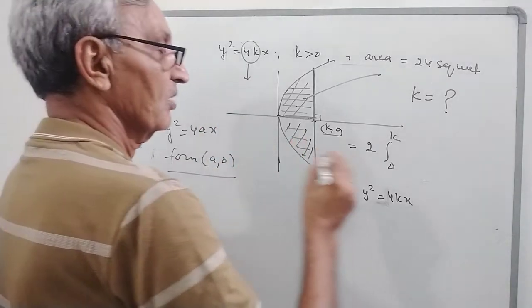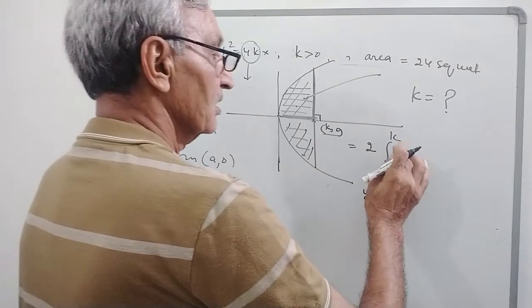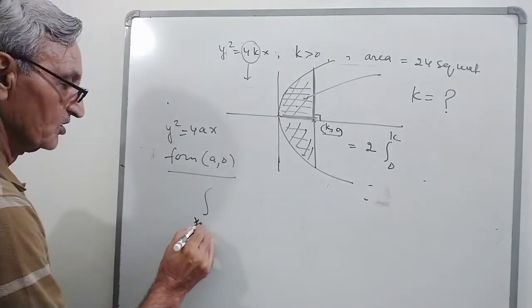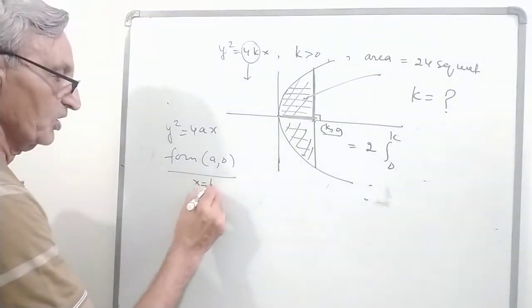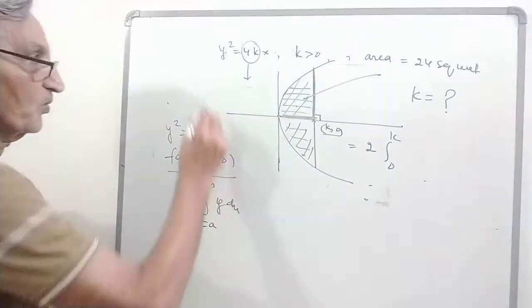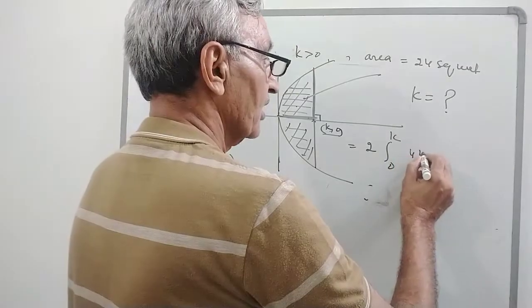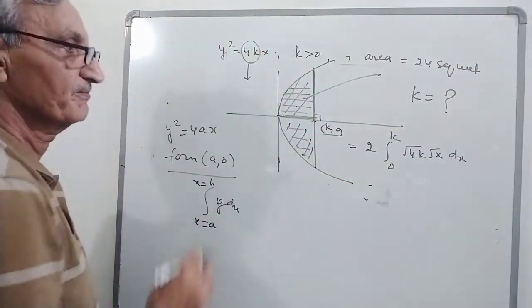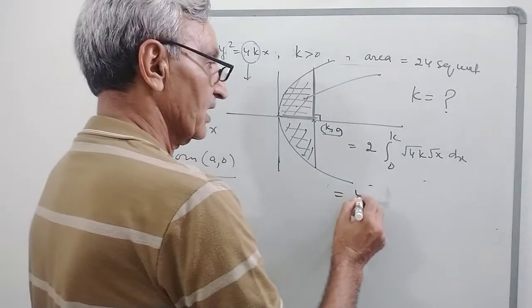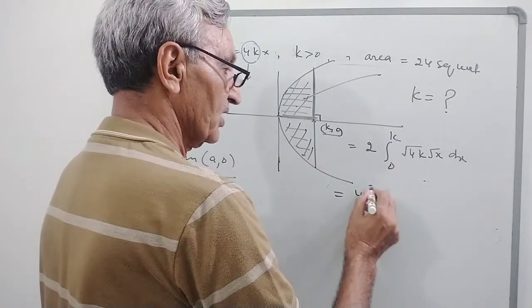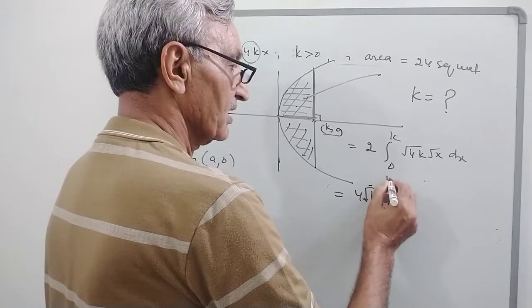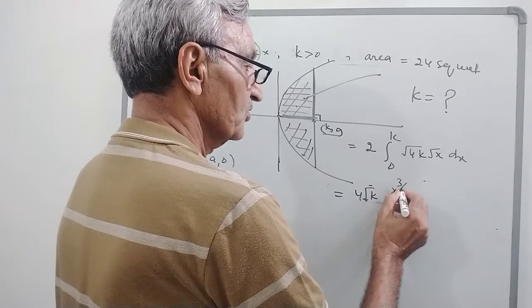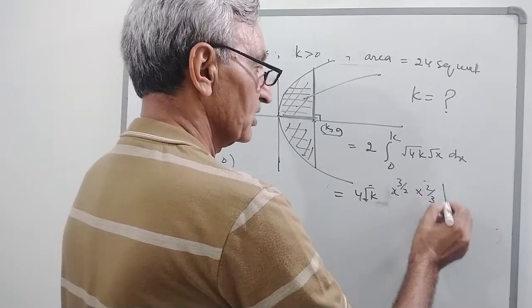And now y dx. Here the formula is: from x = a to x = b, y into dx. What is y? y is equal to 4k under root, and under root x dx. We have found the value of y, friends. Integrating x^(1/2) gives x^(3/2) multiplied by 2/3, from 0 to k.